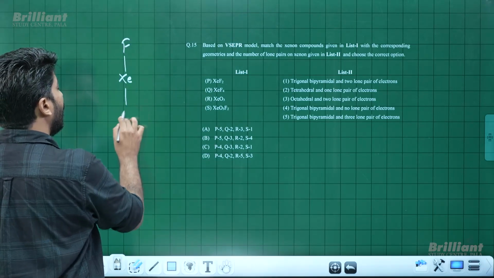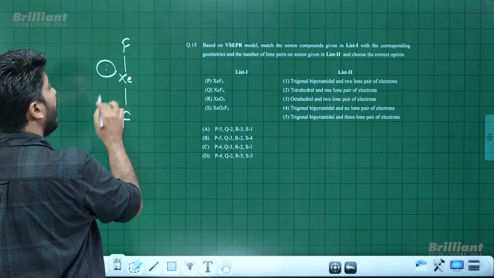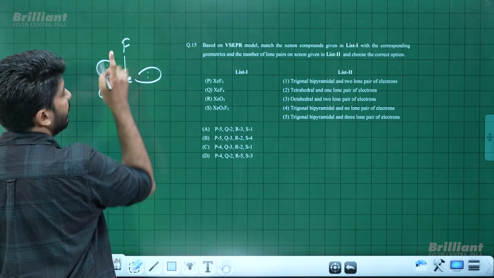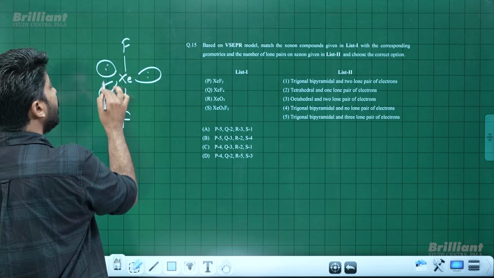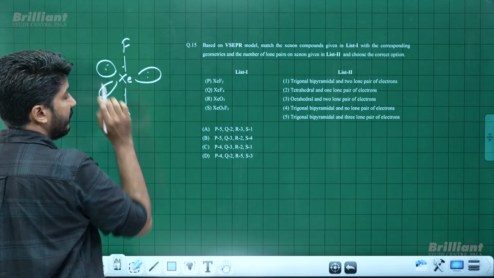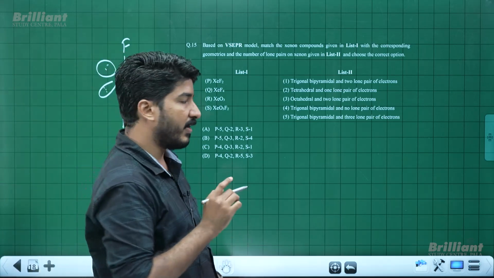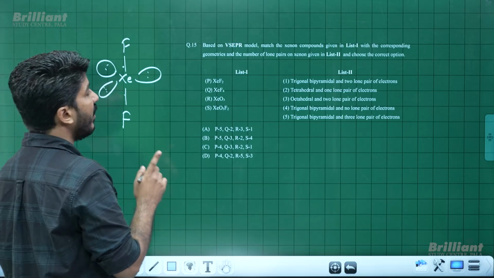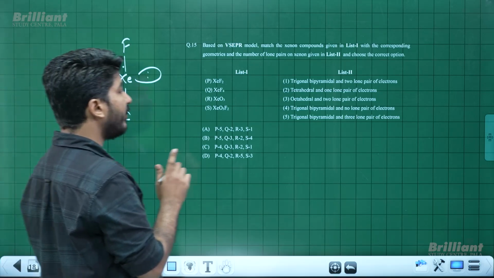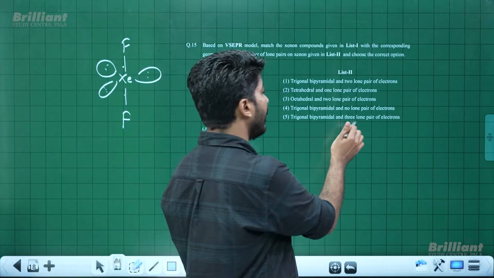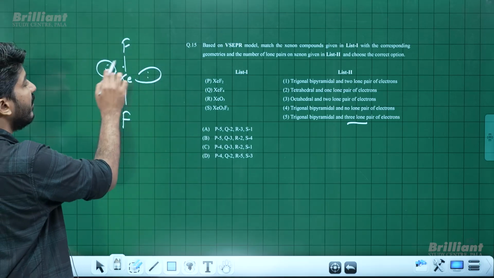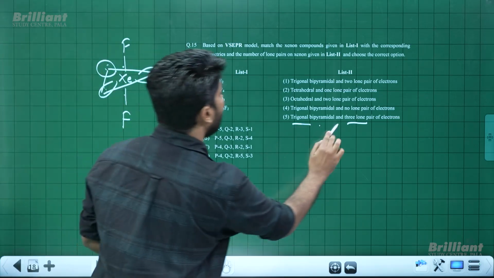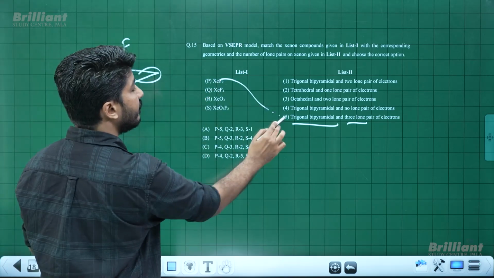If you draw the Lewis structure, xenon has 8 valence electrons: 1, 2, 3, 4, 5, 6, 7, 8. That is the correct Lewis structure of XeF2. If you count the lone pairs on xenon, you will find 3 lone pairs of electrons with trigonal bipyramidal geometry. So P is matching with 5.